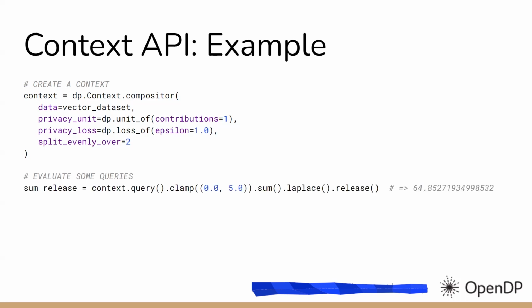The way that this API is used is you call .query, and that gives you something that you can chain a bunch of transformations on and ultimately a measurement. And .release is what consumes one of your queries and consumes some of your privacy budget. You'll notice that with this API, it looks somewhat similar to the framework API in the sense that the names are all the same.